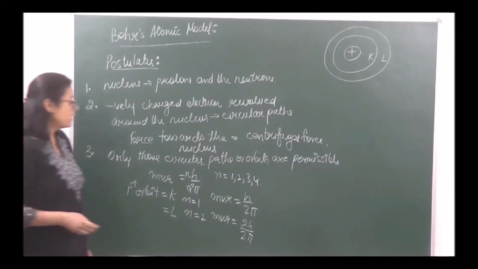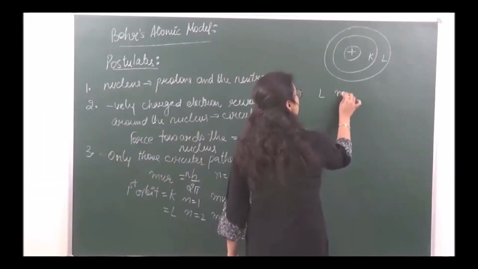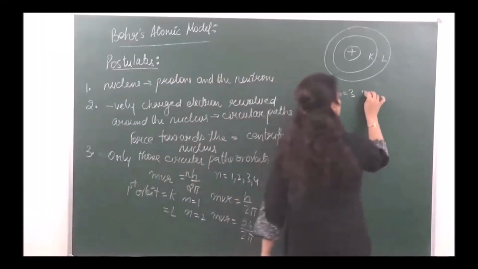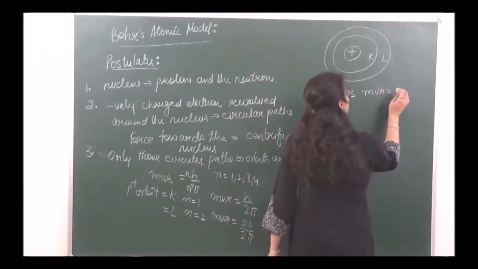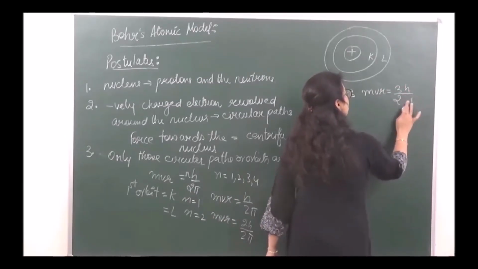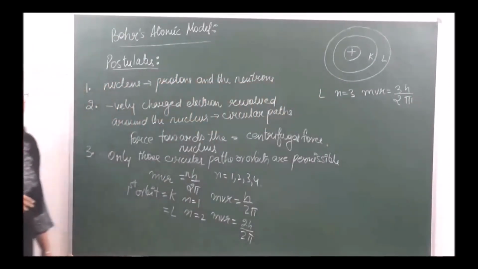In a similar manner, if we are taking the third orbit, M, n is equal to 3. Therefore, mvr will now become equal to 3h upon 2 pi.